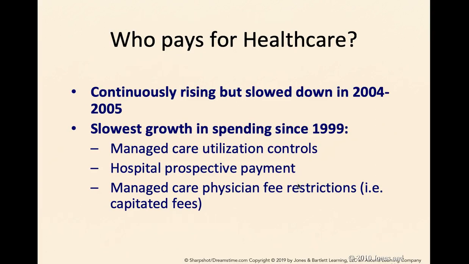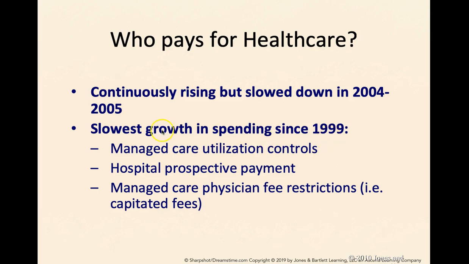One thing we know is that healthcare expenditure is continuously rising, but it did experience a slowdown between the years of 2004 and 2005. And it's the slowest growth in spending since 1999.